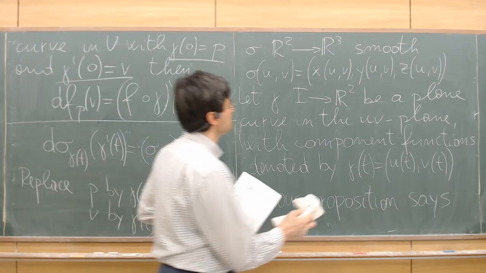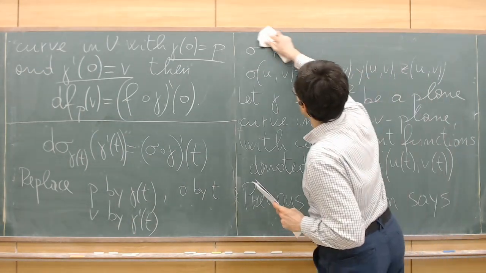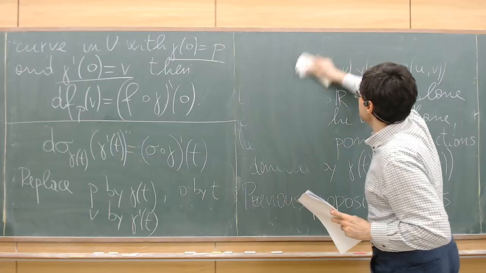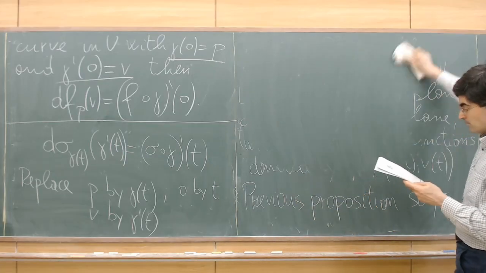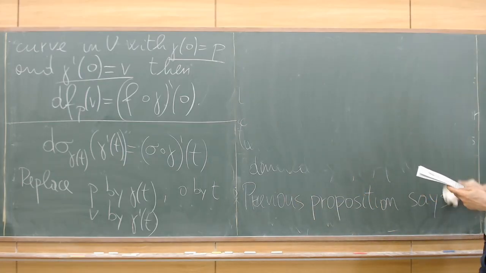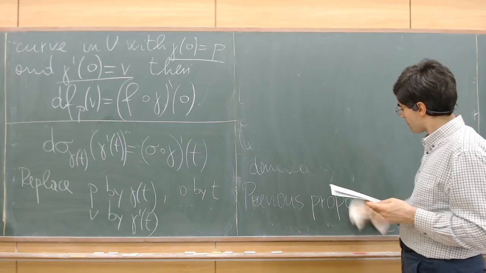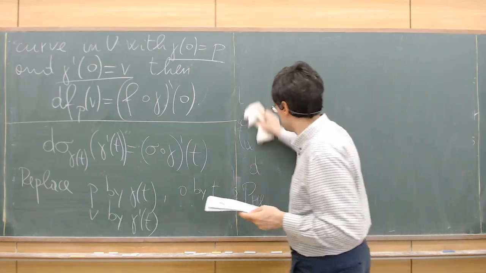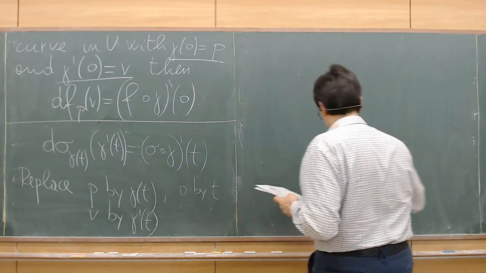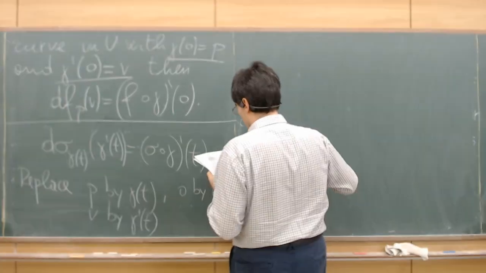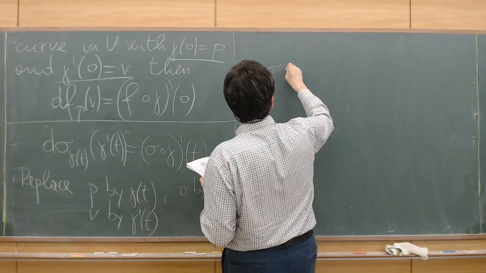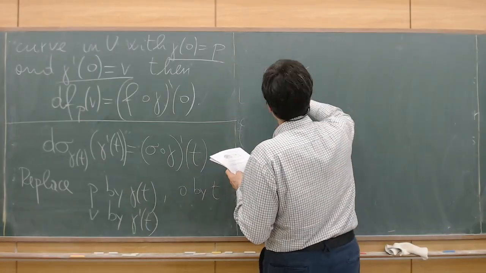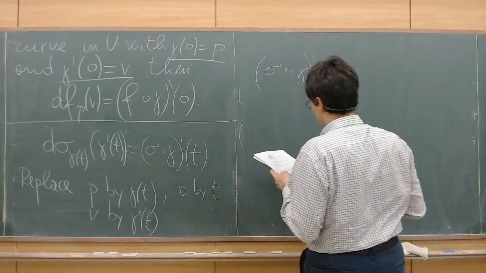This can be written in the following matricial form. So (sigma composed with gamma)'.